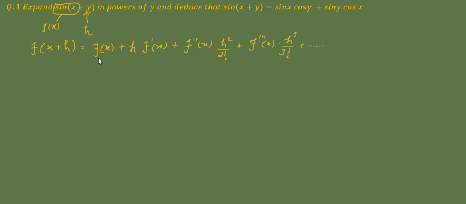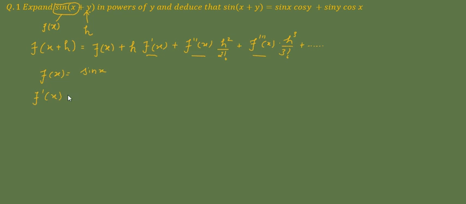So what we require now, we require the derivative of the function f. So what is f here? f(x) is equal to sin x. Now what we have to calculate? We have to calculate the derivatives of f.